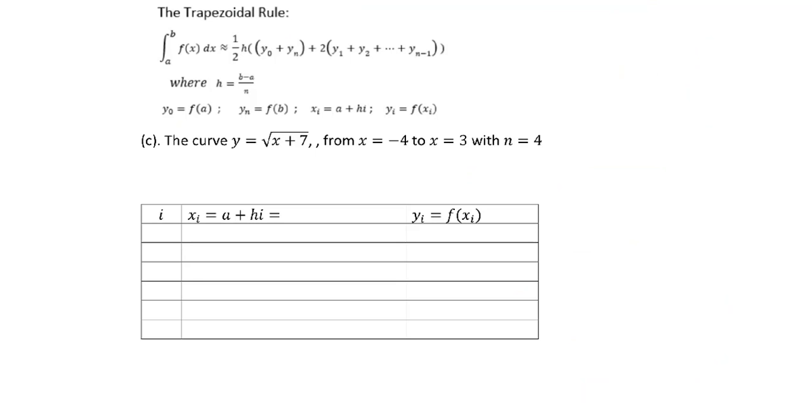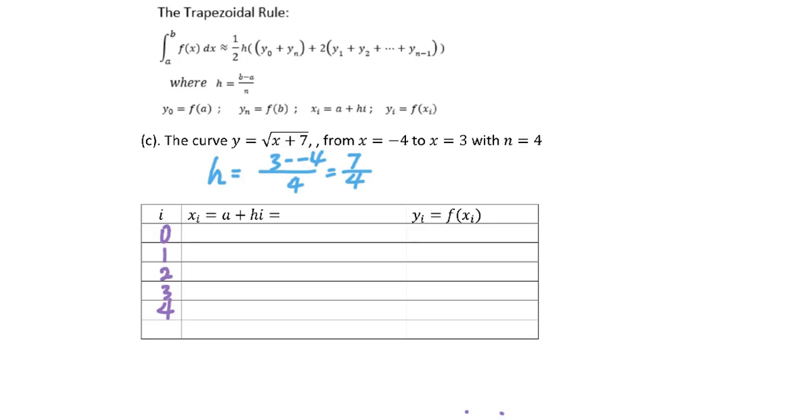Let's do one more example. The curve y equals the square root of x plus 7, from x equals negative 4 to 3, with n equals 4. First of all, we will work out h equals (3 minus negative 4) over 4. That will be 7 over 4. Then you will write down here 0, 1, 2, 3, 4.